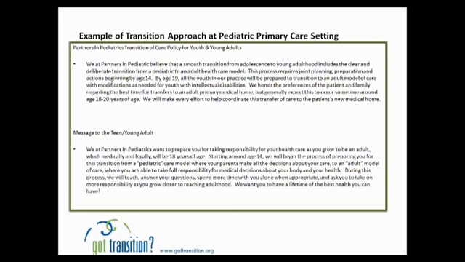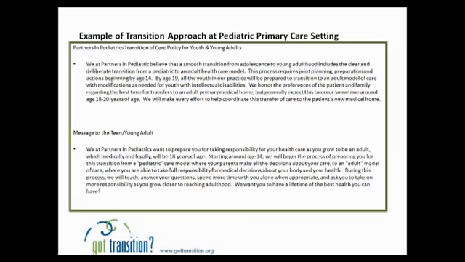So this slide is an example of a transition policy that's actually in use in one of our pilot practices. If you look at the top, it says the practice's name is Partners in Pediatrics. So this policy basically says we at Partners in Pediatrics believe that transition is important, and then you can read down from there what they basically say. They want to honor preferences. They have some age ranges in there of what their expectations are for young adults and families.